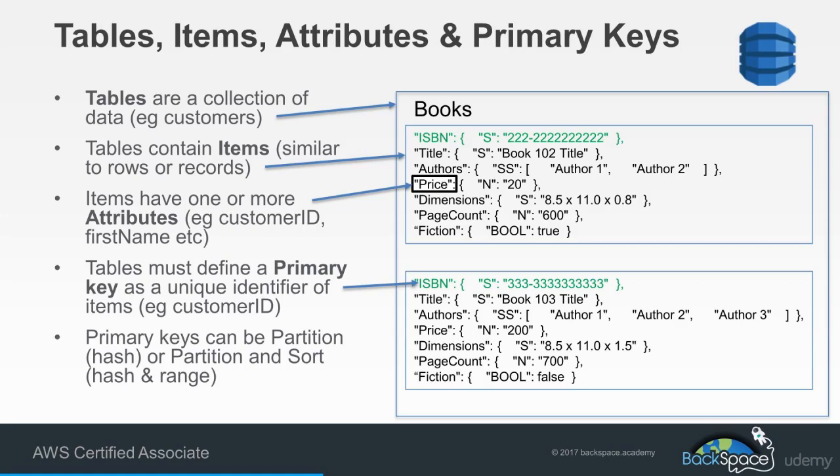Each book will have attributes: a price, a title, authors, and dimensions. All of those items being books will have individual attributes. So that's how that works, and those are the components of DynamoDB that you need to understand to know the terminology.